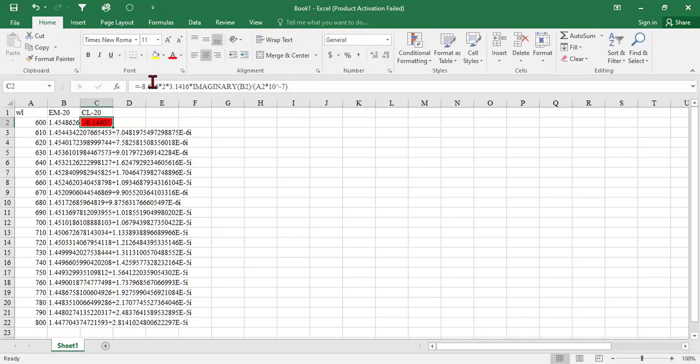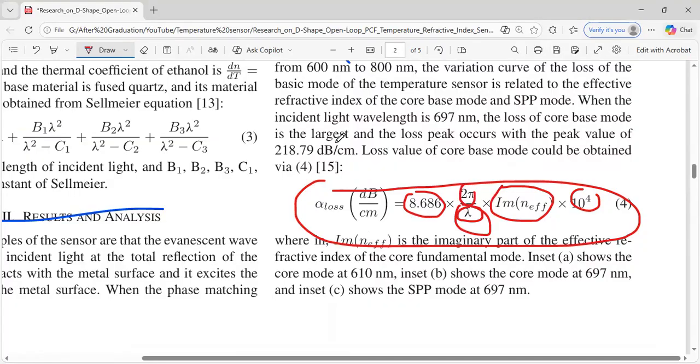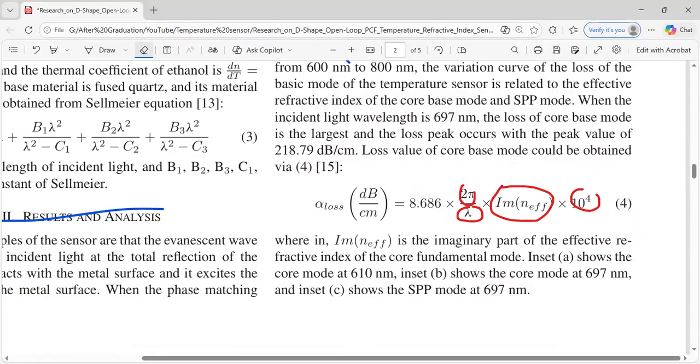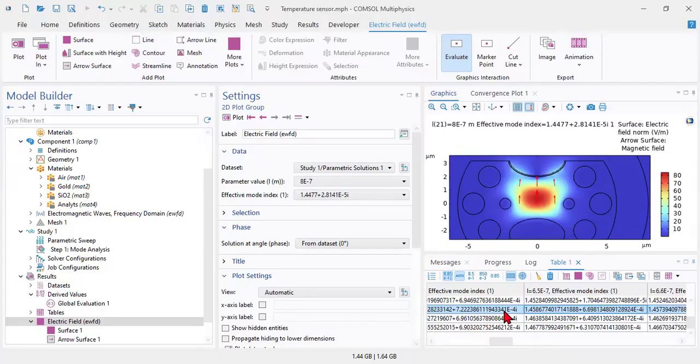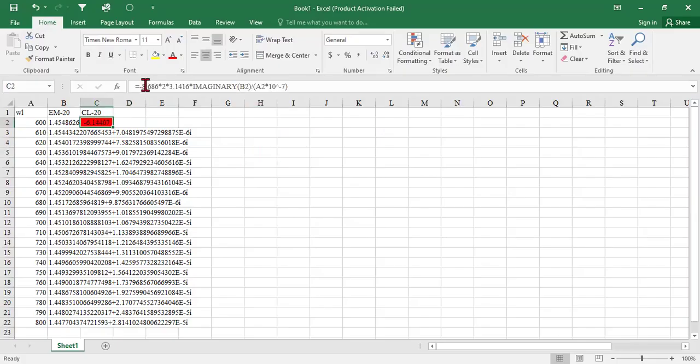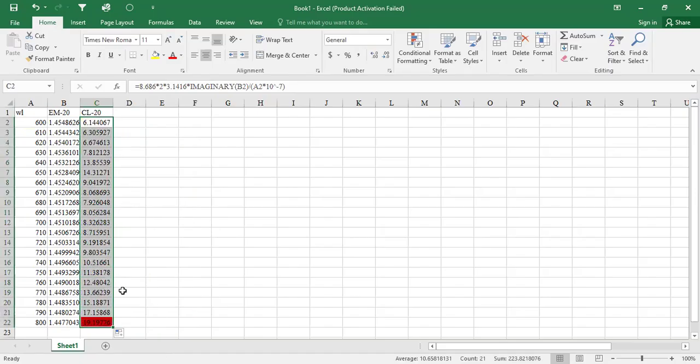In our case, the wavelength, sorry, let me check. Okay, scroll down.